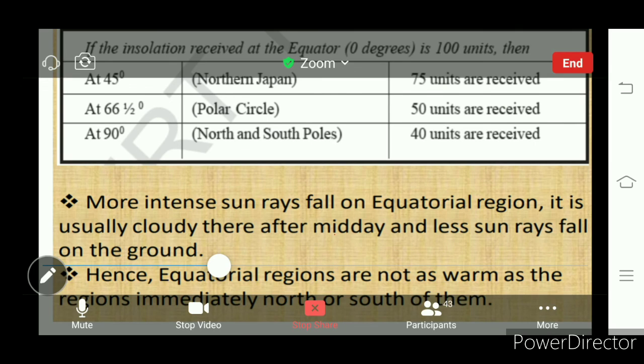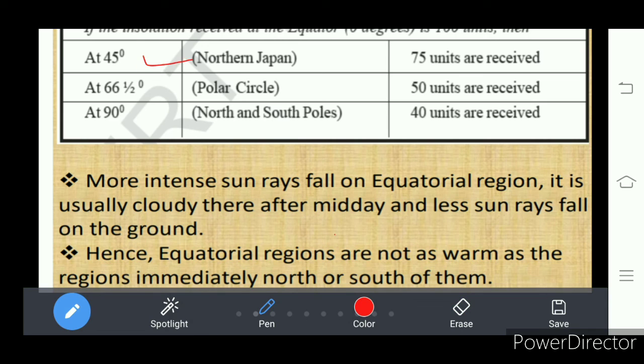Japan is located at 45 degrees north latitude, and there the insolation is 75 units, so the temperature is high. And at the 90 degrees pole, the insolation received is 40 units, so there the temperature is very low. At higher latitudes, 90 degrees being a higher latitude, the temperature is very low.